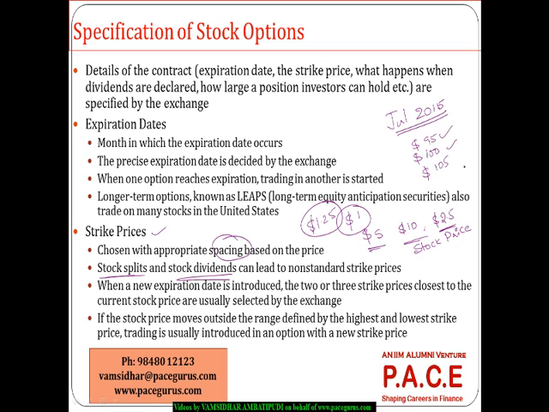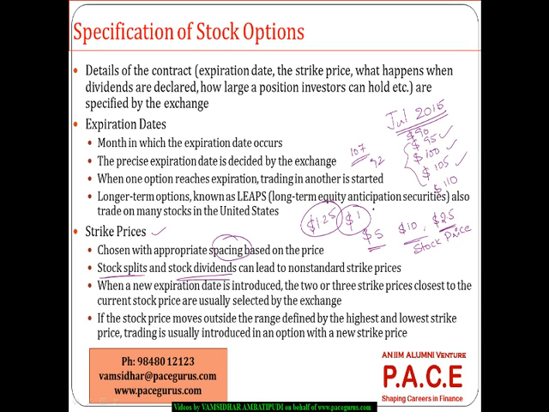So it will have 3 different options in this kind of price range. This is how it selects the different strike prices. If at any time the stock price has already touched 107, then immediately it will introduce one more: $110 would be the strike price. Or if the stock price has gone to 92, suddenly it will introduce 90 also as one more strike price.